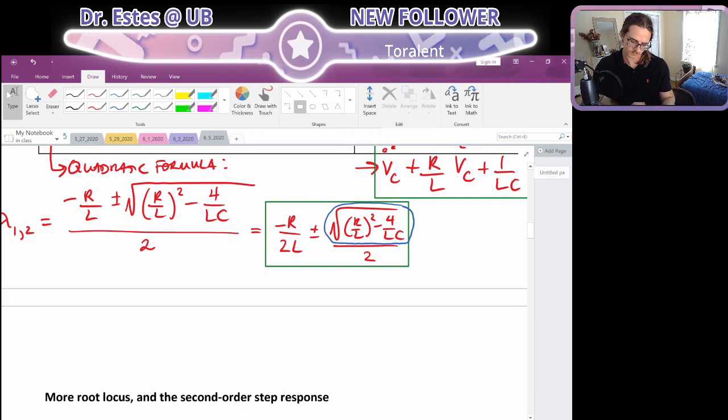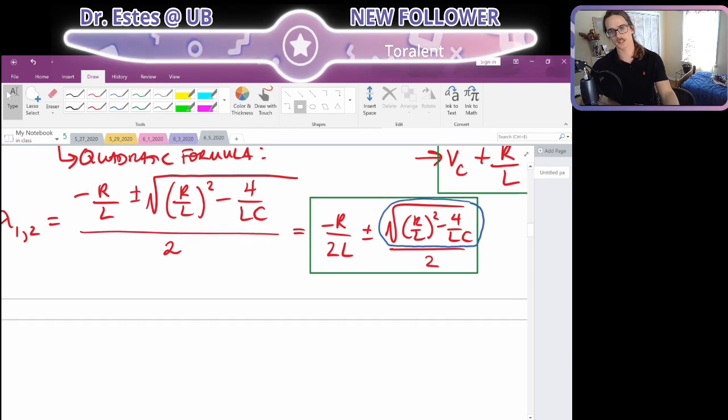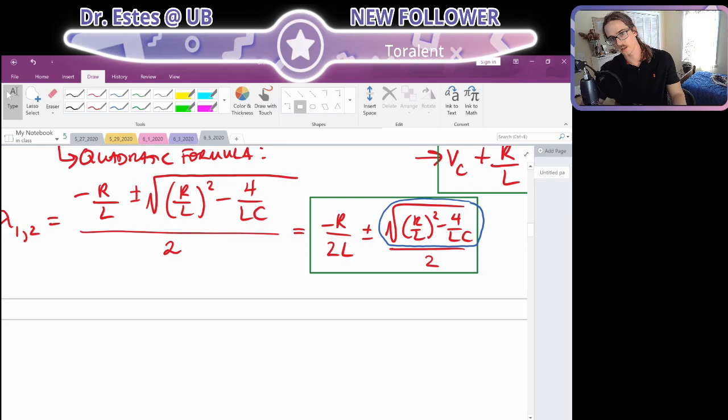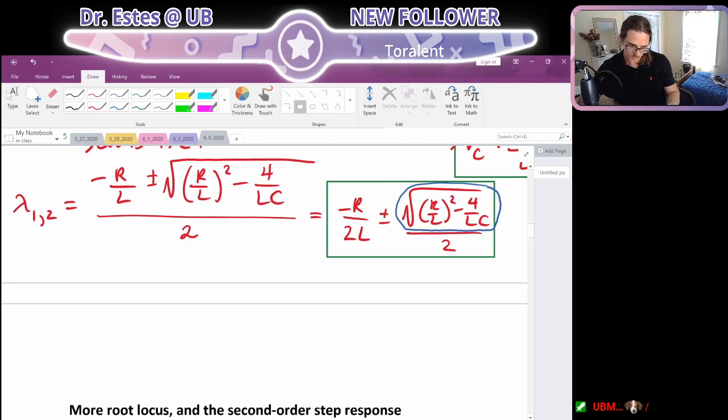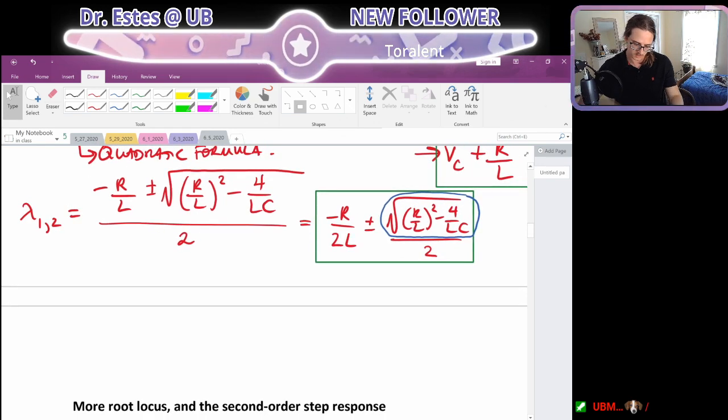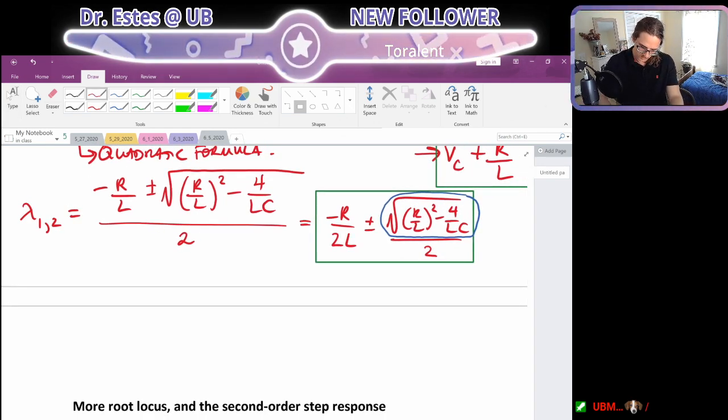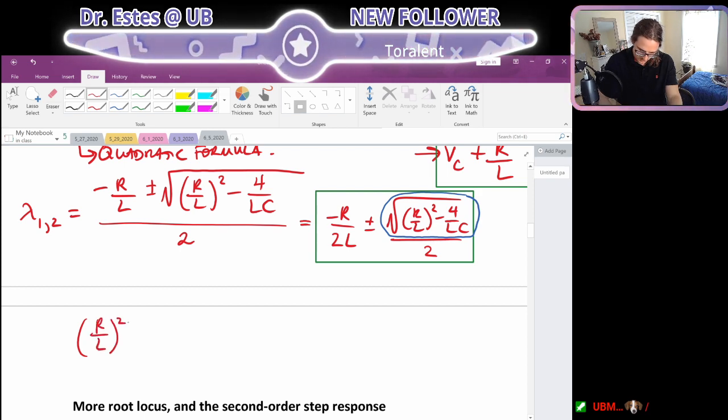And that would mean that your system is going to have oscillations in its response. So, let's see here. Let's look at that. Let's take R over L squared minus 4 over LC.